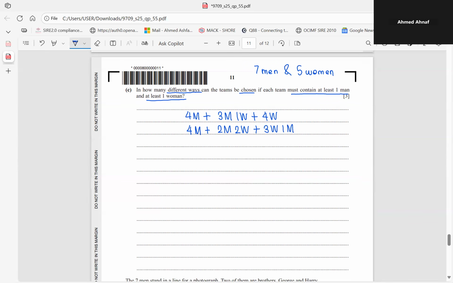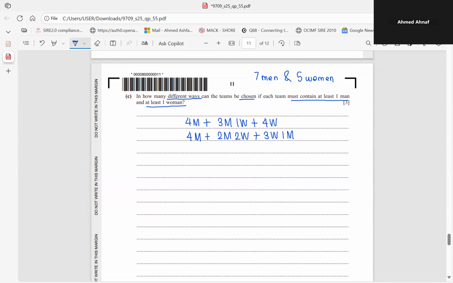So let's find out the number of combinations for each of them. For the first one, 4 men, we have 7 men to choose from. So 7 choose 4, times 3 men, so that's 3 choose 3, times 5 choose 1, and times 4 choose 4.